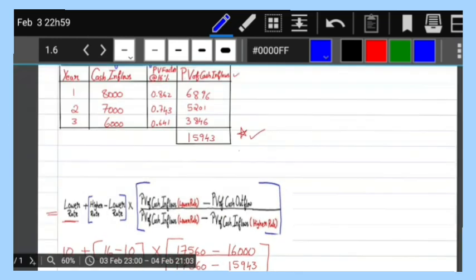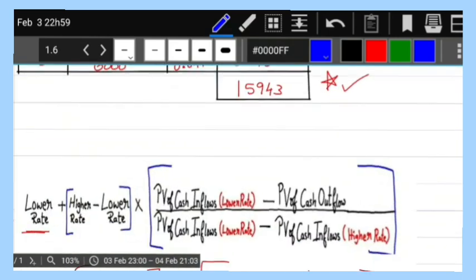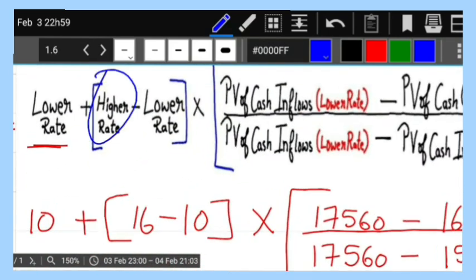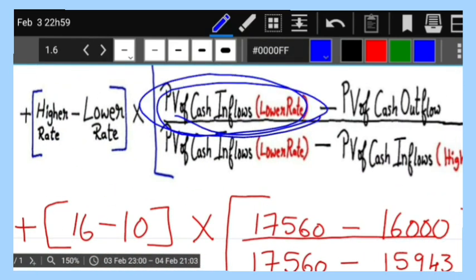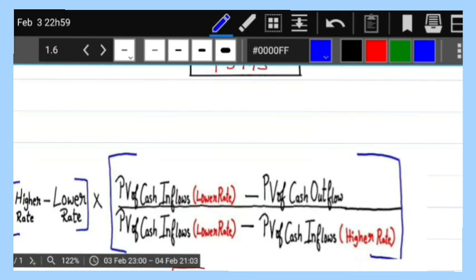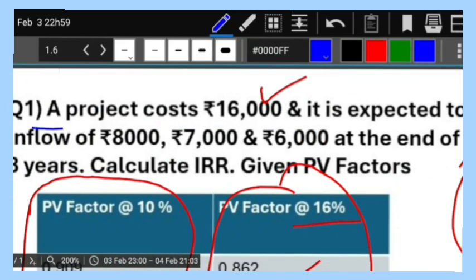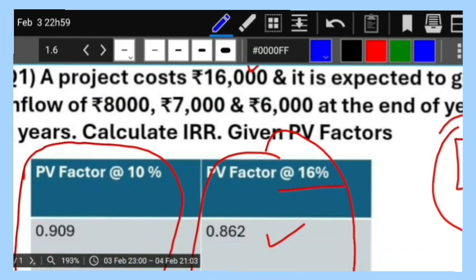The lower rate means the percentage given here. Lower rate is 10, higher rate is 16. The same you have to put, 10 plus 16 minus 10 into present value of cash inflows you have computed, that is the first table value. Then minus present value of cash outflow, that is already given in the question, the invested value. The project cost rupees 16,000 is the cash outflow, right?